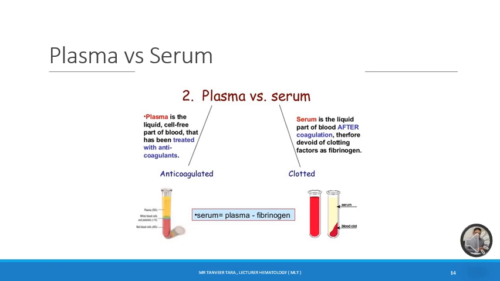When fibrinogen is removed from the plasma as a result of coagulation, that is, whole blood centrifuged without anticoagulant, it is called serum. And whenever there is an anticoagulant inside a tube and we centrifuge it, the fluid we have is known as plasma. So this is the difference between plasma and serum. In the laboratory, we treat plasma as a sample.